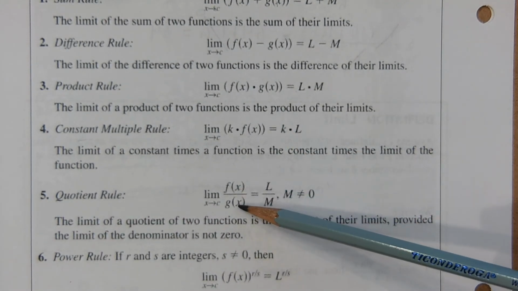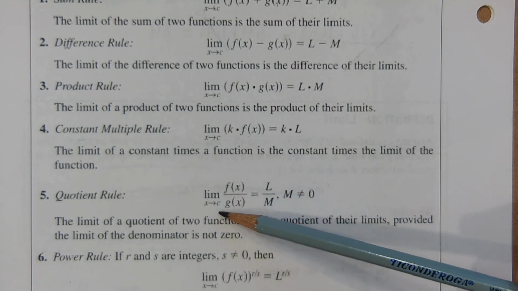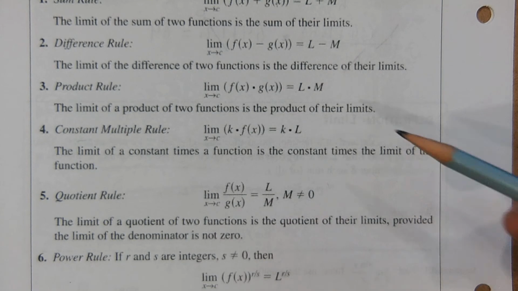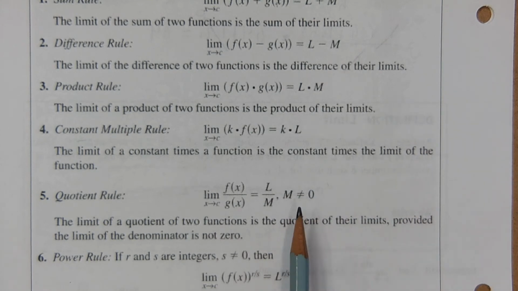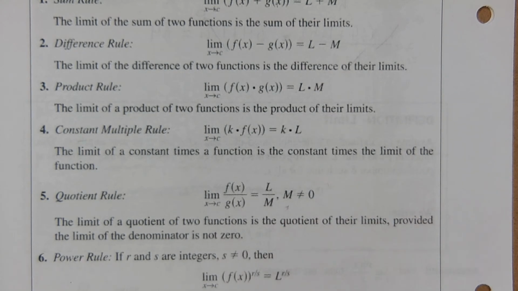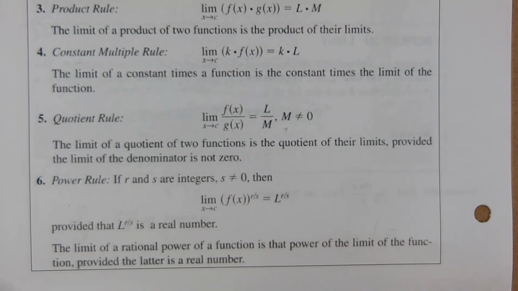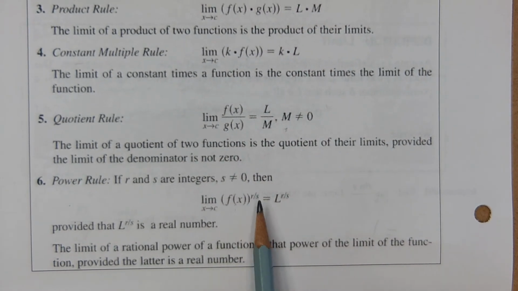Quotient rule, yeah, it works exactly as you would think. So if I'm doing function divided by function and I try to find its limit, then it's always going to be limit divided by limit, as long as, of course, capital M doesn't equal 0, because then you would have a discontinuity on your hands, right? And the last one is the power rule that says you can raise the function to any kind of weird rational number, a fraction.